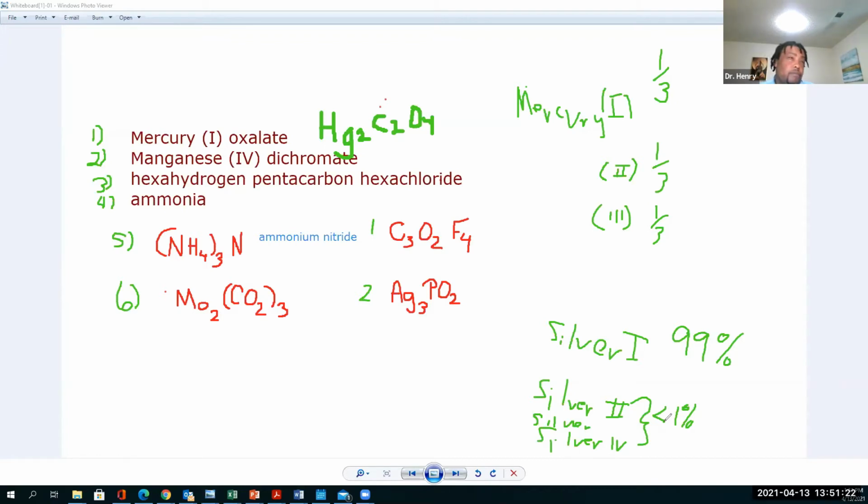We know that that's going to be silver 1, unless you tell me it's going to be something different, because these guys don't happen that often. Right? So in real life, those ions aren't very stable, so they don't happen that frequently. Okay, does that make sense?